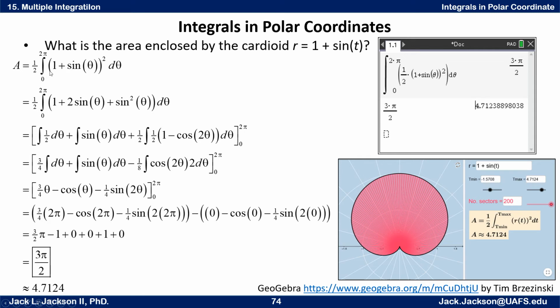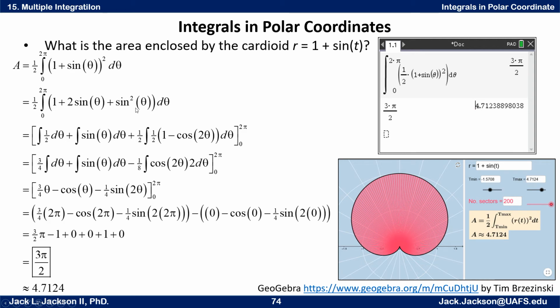Squaring this out, basically FOIL: square the first term, square the last term, multiply and double for the middle term. I'm going to go ahead and distribute the 1/2 in and break this into 3 integrals. So I have the integral of 1/2 d theta, the integral of sine theta, and 1/2 the integral of sine squared theta.